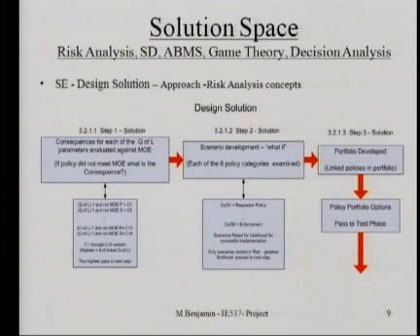Step 1 was to look at the consequences for each quality of life measured against the MOEs that I had defined earlier. For example, if the policy did not meet the MOE, what would be the consequence? The reason I took this approach was to see which factor had the most bang for the buck, or where I should focus the policies to be enforced. And I'll show you the results of each of these in the following slides.